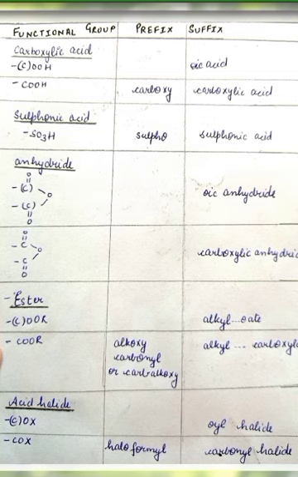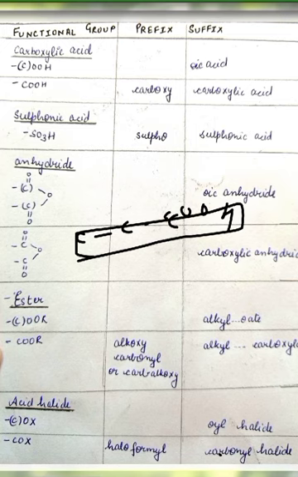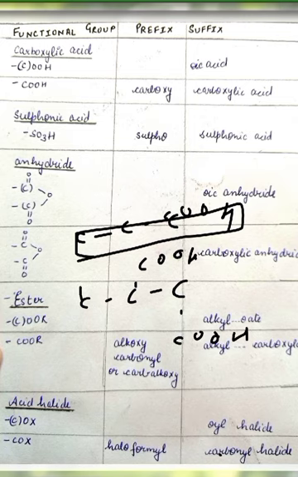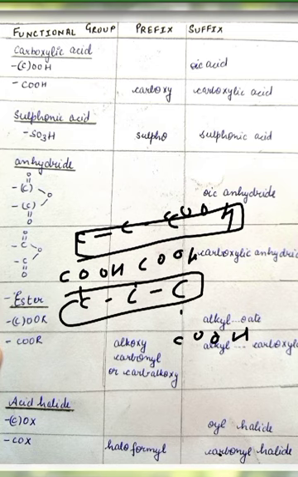That means if I have this one, then this is the first case, while if I have this case, then the carbon of COOH group is not a part of carbon chain, therefore we will use the second case.